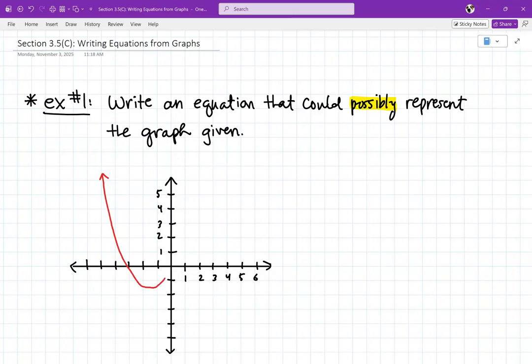So I'm crossing at -3, at 0, let me go to +3 and 6. So at -3, at 0, at +3, and at 6. I'm putting some dots right there for us, okay?